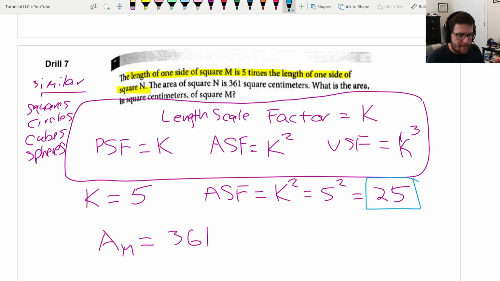Square m is the bigger one. So if I want to find the area of m, I should multiply instead of divide, because if I divide, it'll make it smaller. We want a bigger number because square m has longer sides. So we're going to multiply 361 by the area scale factor of 25.